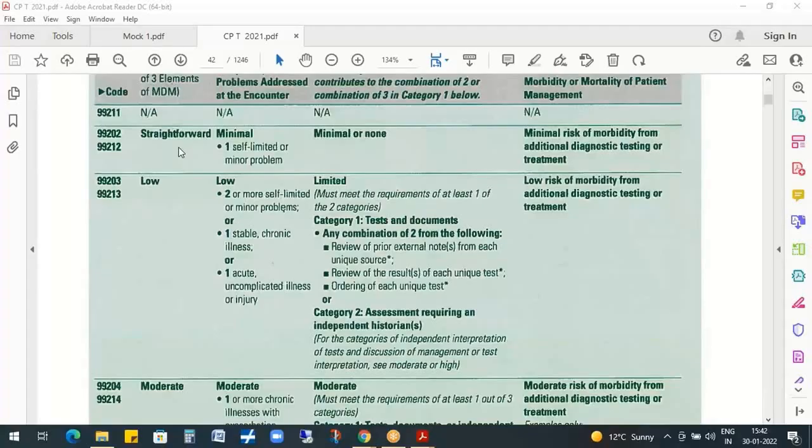Can you read the question, Priyanka? A 62-year-old is here to follow up on her atrial fibrillation. Follow up means what, Priyanka? New patient or established? Established, but here her partner is treating her. Her partner means that in the absence of one physician, another physician is doing the procedure. Okay, sir. Thank you. Next.